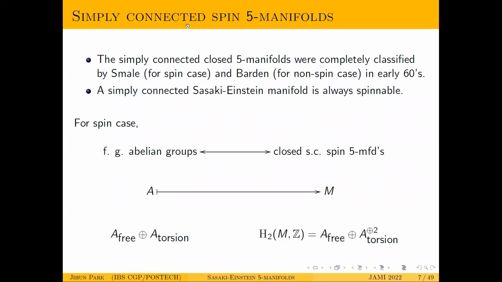If not, then it's non-spin. Spin means it has a spin structure. If you have a Sasaki-Einstein structure, then it must be spin.